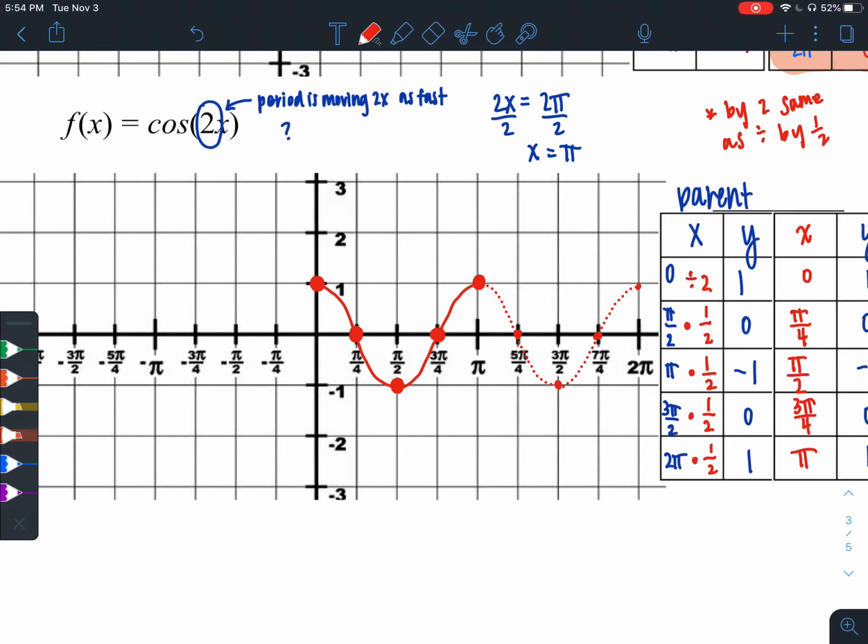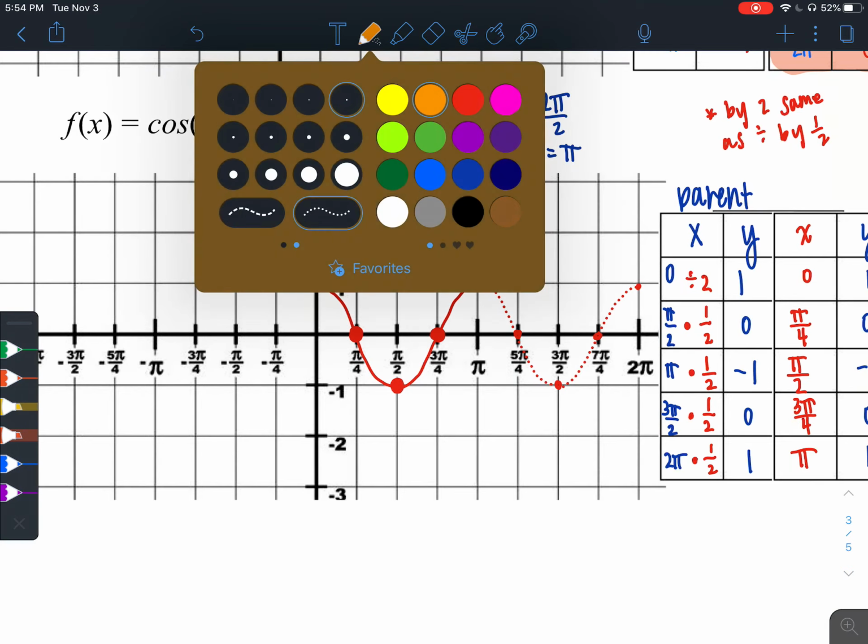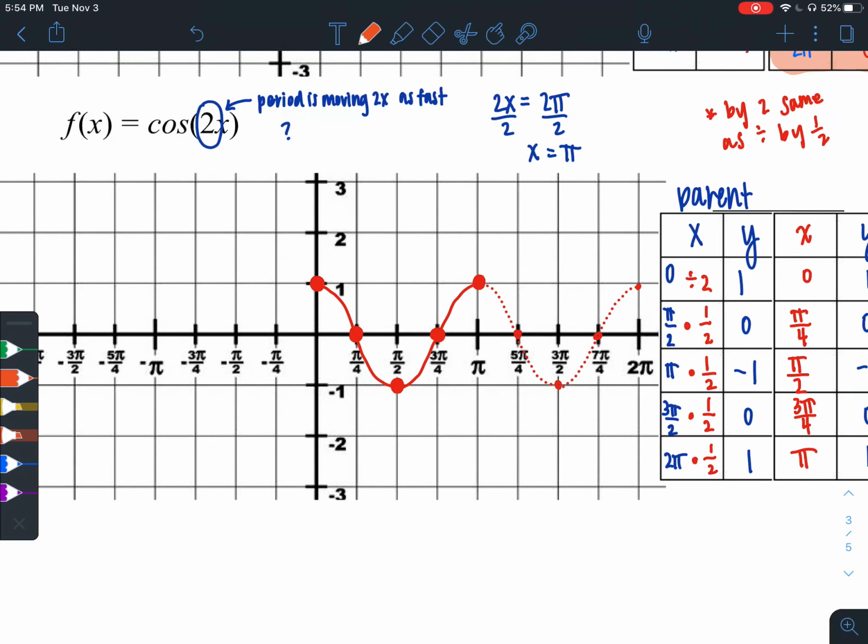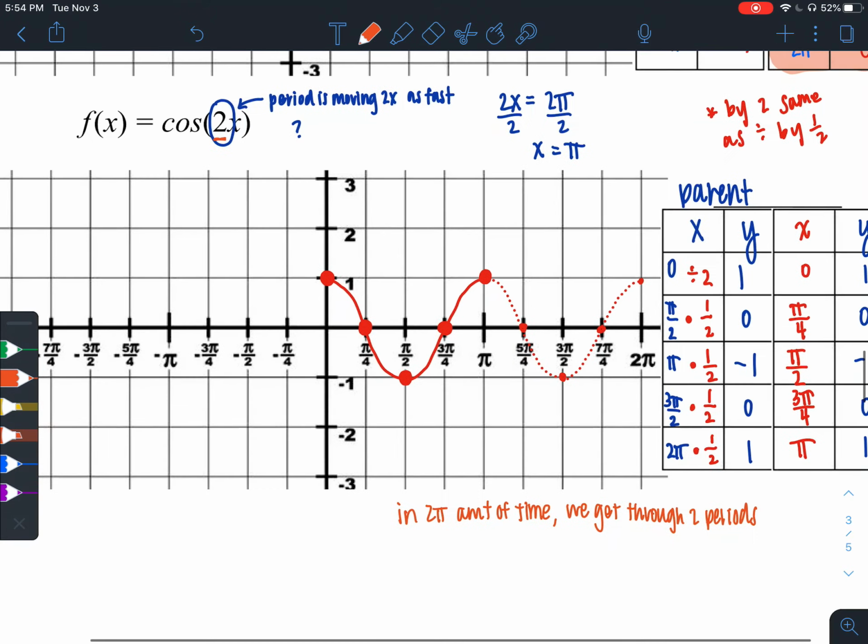So in 2 pi amount of time, we get through 2 periods. So that's actually what this 2 means. Because it's moving twice as fast, we can get twice as much done in the same amount of time.